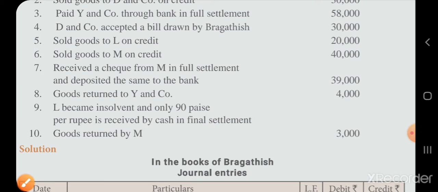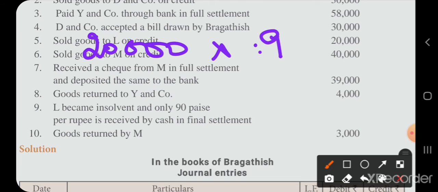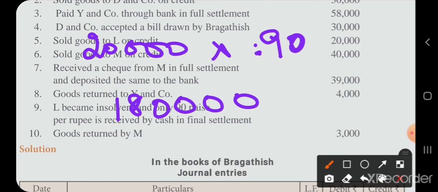That means 20,000 into 90 paise, what is that? 0.9. So how much do you get? 9 twos are 18. 18,000 rupees you get. 0.9 means after one digit you put a 0, so you get 18,000.